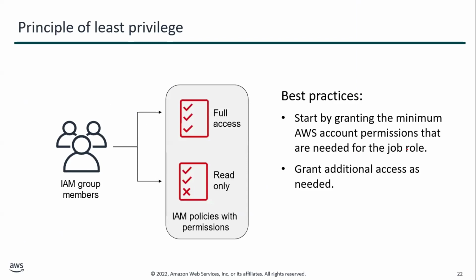Best practices say do not give full access every time. First give a minimum amount of permissions to each user, and then keep on granting additional access as and when required. Let's say one of your developers says that now I want to access the storage service, but I am not getting the permission. Then you can add it, or that request will reach your root account and you can subsequently grant that permission.